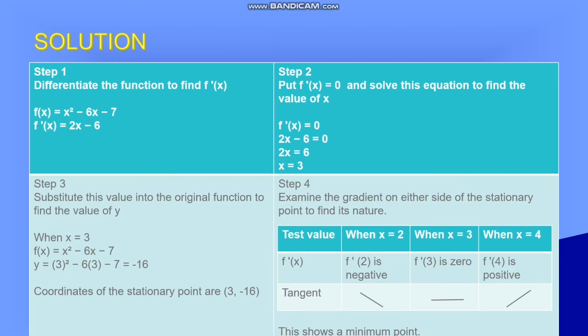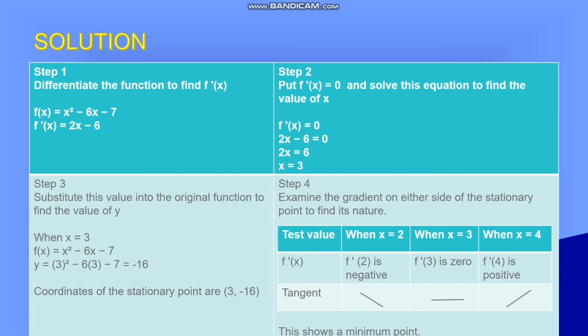The next step, substitute this value into the original function to find the value of y. When x equals 3, y equals 3 squared minus 6 times 3 minus 7, which equals negative 16. So the coordinates of the stationary point are (3, negative 16). The last step, examine the gradient on either side of the stationary point to find its nature.